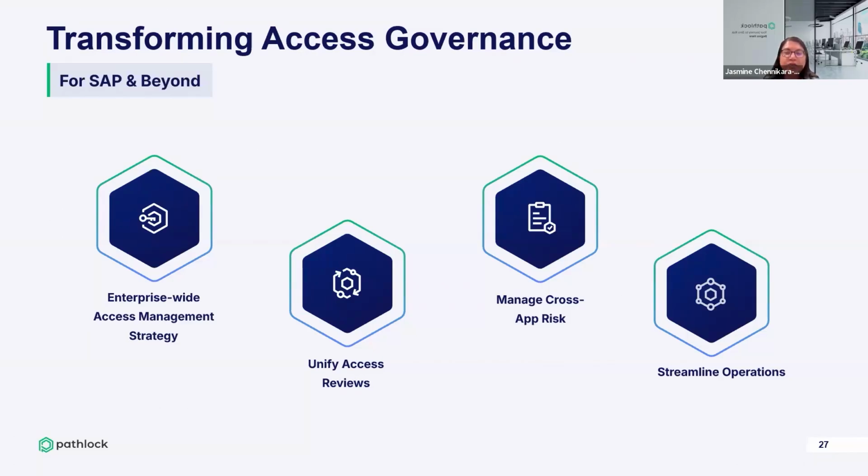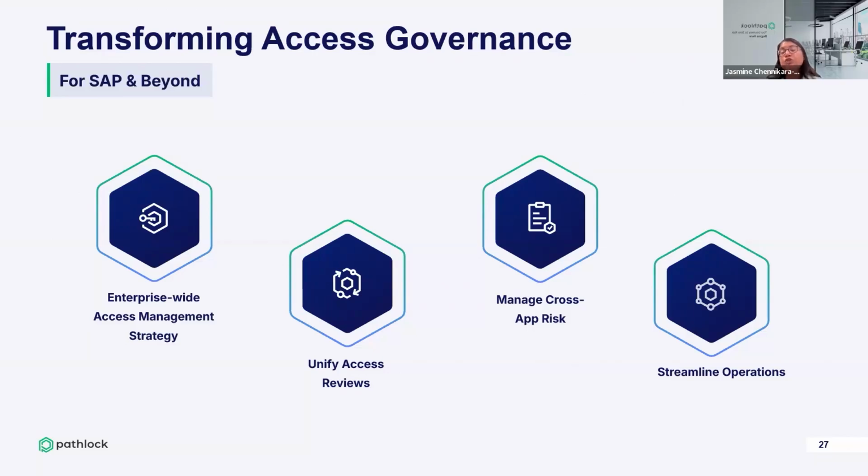Second, you're moving from siloed to unified access reviews. No more fragmented system by system reviews. Instead, you'll have a cohesive, centralized process that reduces manual work. Third, you improve your risk posture. With cross-application visibility, you can catch those risks that would have been invisible in a siloed review, and it's going to help you move toward a zero risk model.